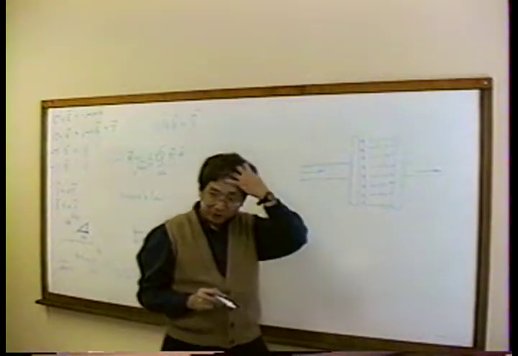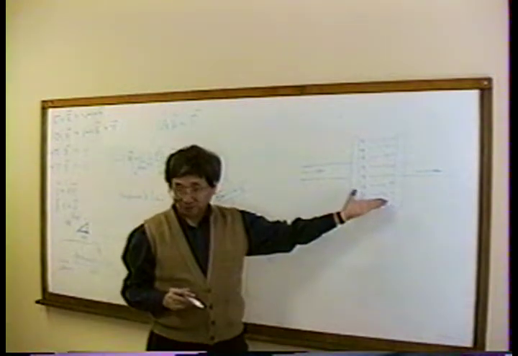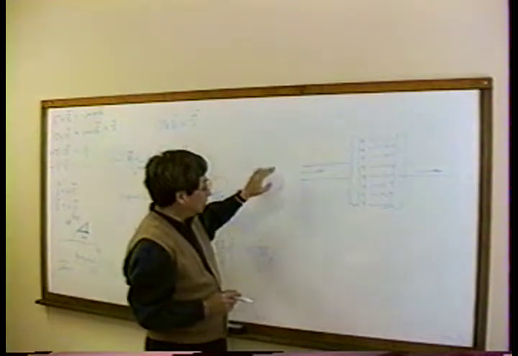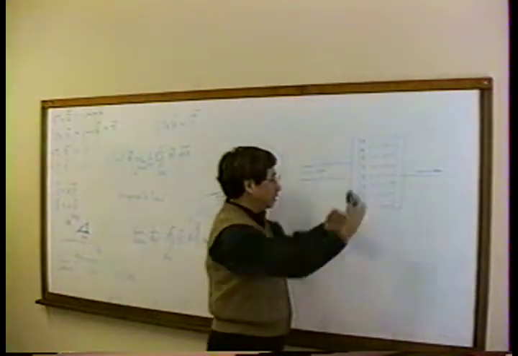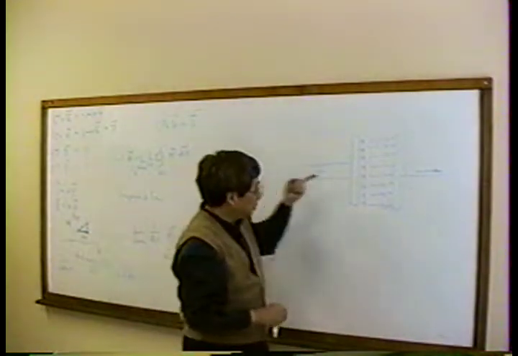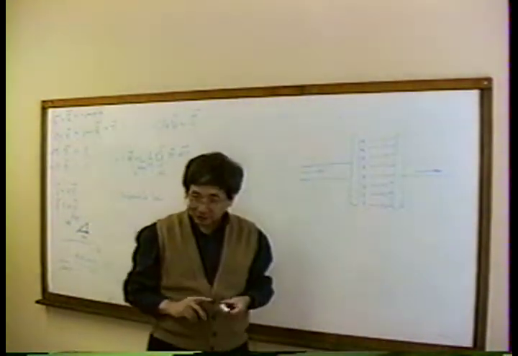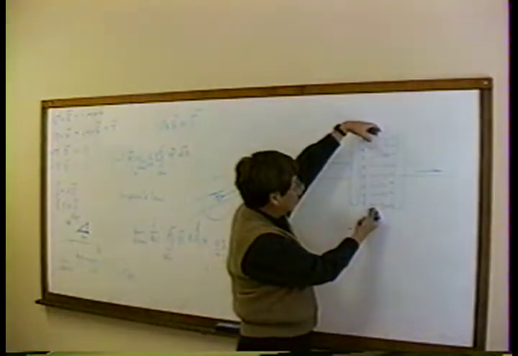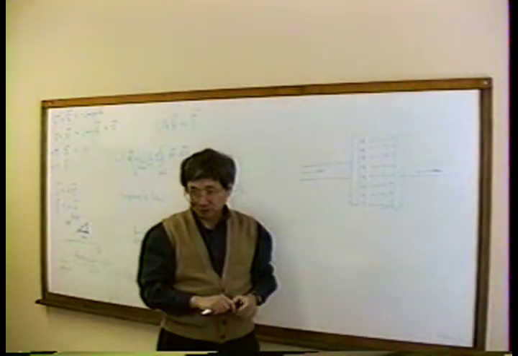DC cannot go through a capacitor, so the DC current has to be 0. If it's AC, that means it goes this way and that way, the current goes in and out, in and out. So there's an electric field in here, and the total flux going through here is equal to the total displacement current.